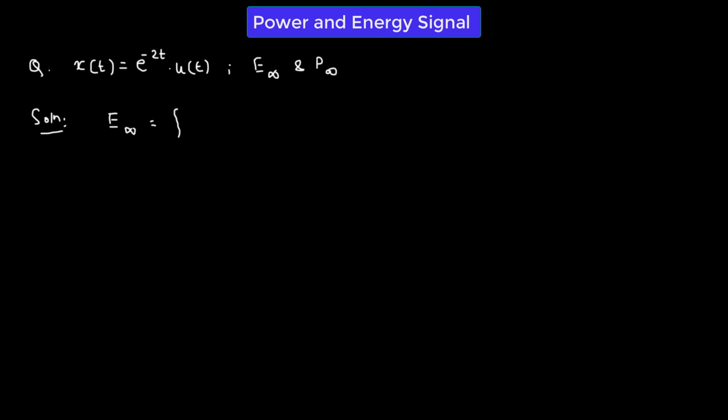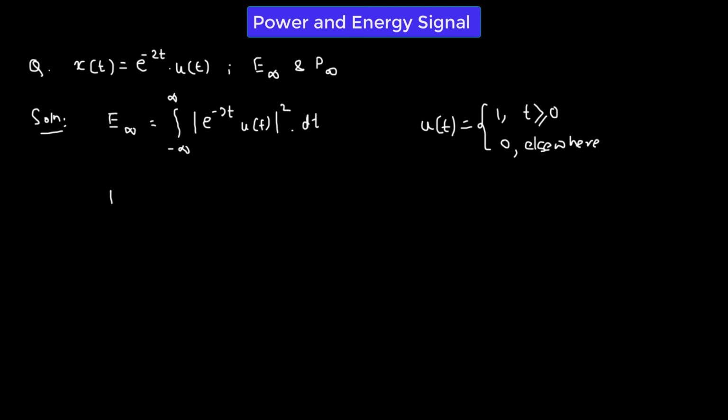So we have energy, the integration going from negative infinity to positive infinity of the absolute value of our function x of t squared dt. Now we know that u of t has the value of 1 for t greater than or equal to 0 and 0 elsewhere.